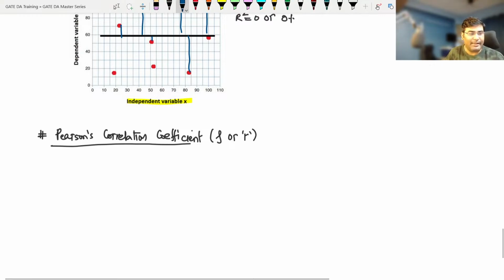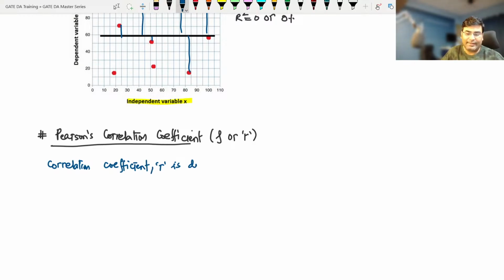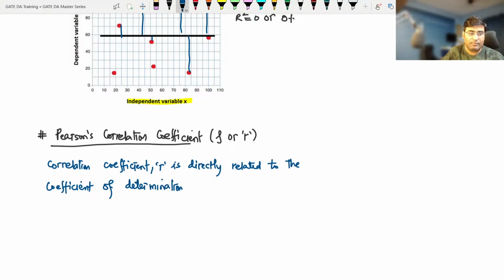So if I quickly define it, I'll also do the commentary and write, to save some time: R is directly related to the coefficient of determination, which is R square, in an obvious way.